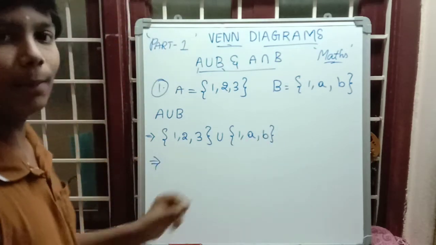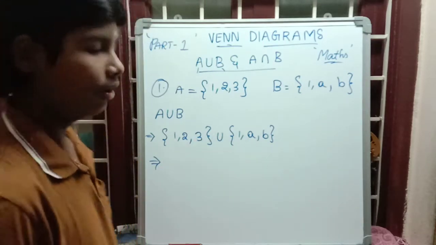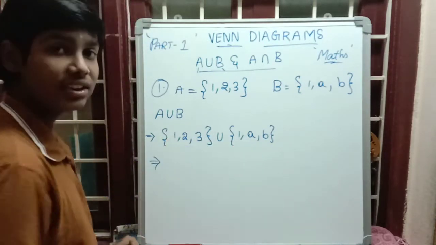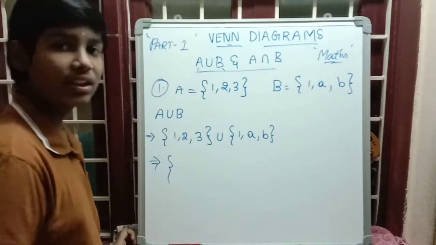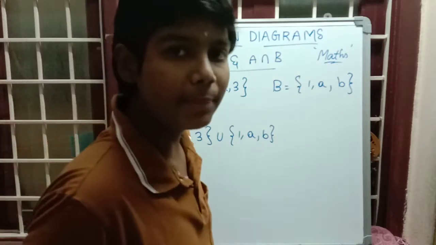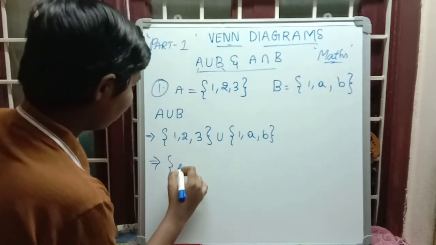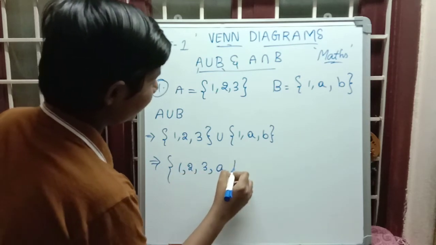We have to combine all the elements present in set A and set B. Here one is there, and here one is there, but we write it only one time. There is no repetition in sets, as we have already discussed. So here we get 1, 2, 3, a, b.